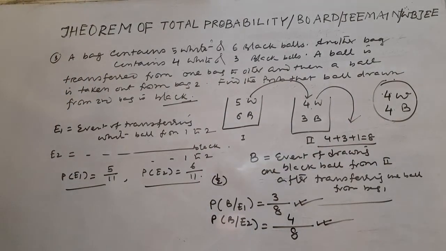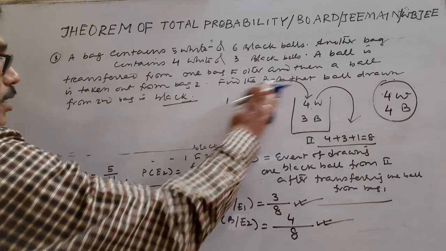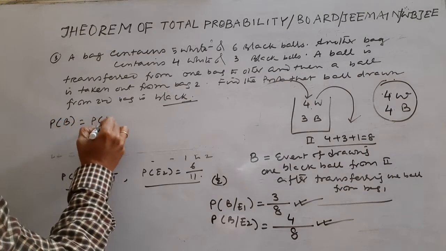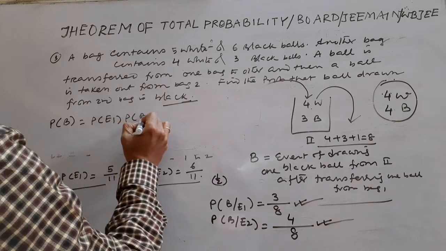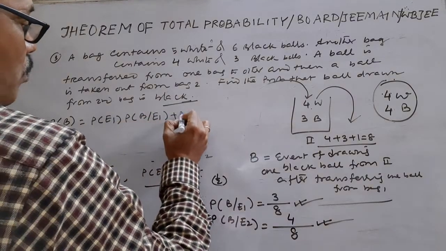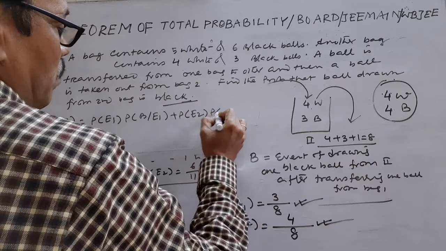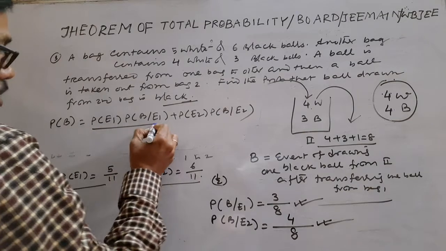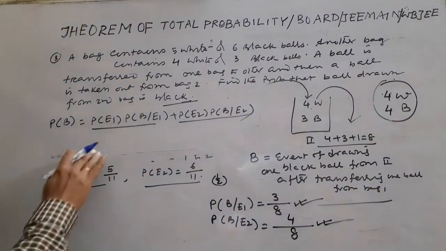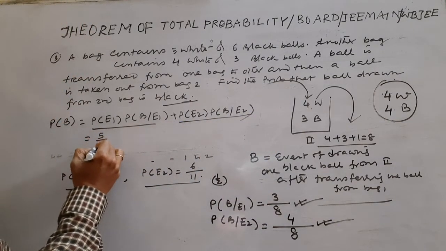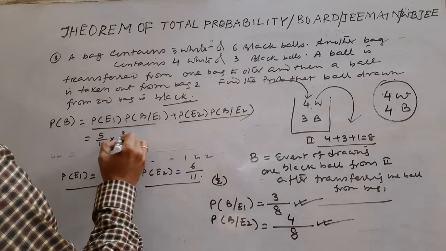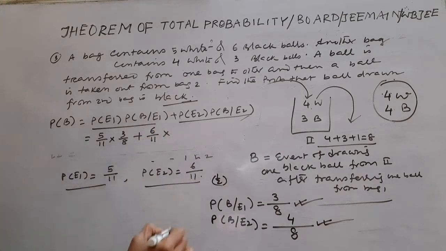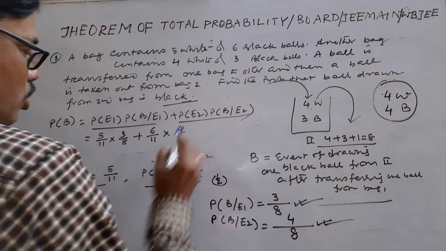Now the last step. You have to calculate PB. So PB is PE1 into PB by E1 plus PE2 into PB by E2. This is the total probability. So 5 by 11 into 3 by 8 plus 6 by 11 into 4 by 8.